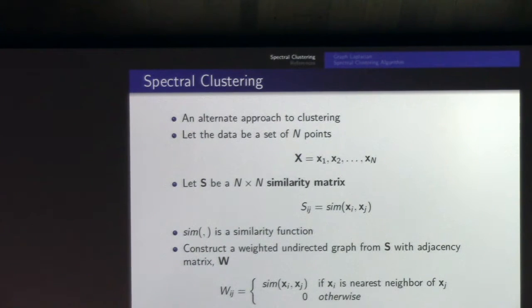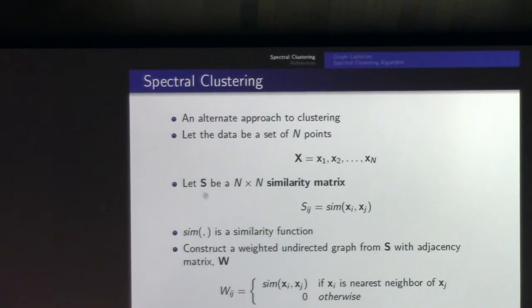Okay, so of course that "very" is subjective. So typically you put some kind of threshold. So you say, okay, let me put an edge between every node and its closest neighbor. That would be one example. Or you can say, let me put an edge between one node and two of its closest neighbors, right? Where the closest comes from the fact that you have a distance metric, right? So that is the idea.